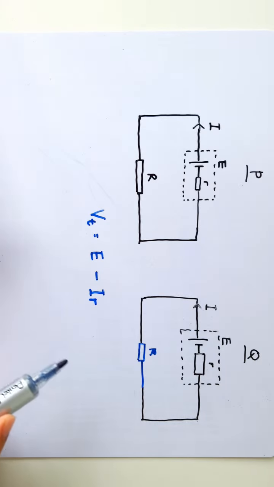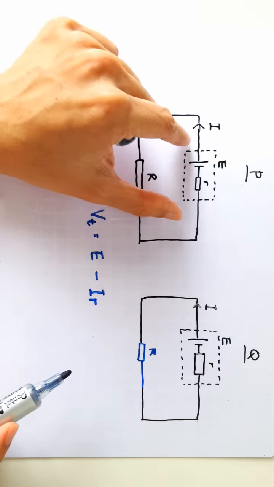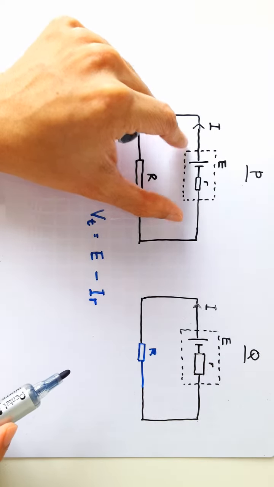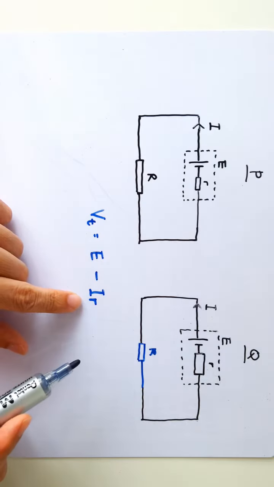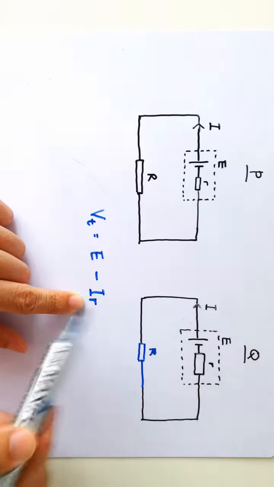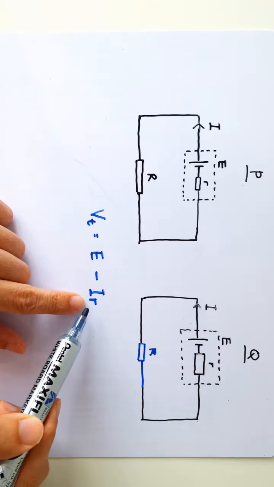So the terminal PD in P has got to be higher compared to Q, because P has a much smaller internal resistance. So the PD drop in the internal resistance is much smaller compared to this one, because the current is the same. That's a crucial point, the current is the same.